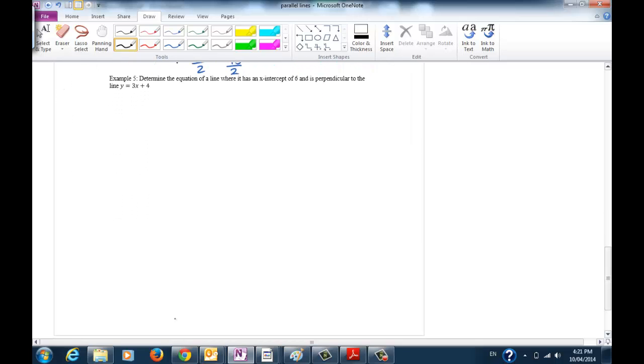Determine the equation of a line. We're trying to figure out the equation of a line, where the line has an x-intercept of 6 and is perpendicular to this line. Well, perpendicular right away tells us about slope. We like to start with slope. Alright, so the slope of the line y equals 3x plus 4 is m equals 3.